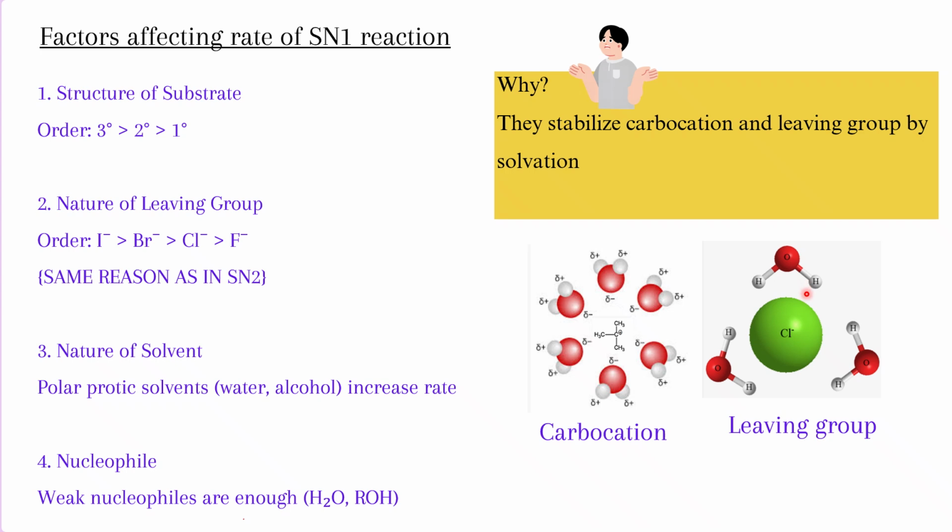So what is happening is, since our leaving group is also occupied and interacts with the protons, it is not going to interact with the carbocation. So our carbocation is completely free and freely available for the attack by the nucleophile. So this means this chlorine is not going to interact with this carbocation at all. So that's why we need a polar protic solvent in order to carry out SN1 reaction.